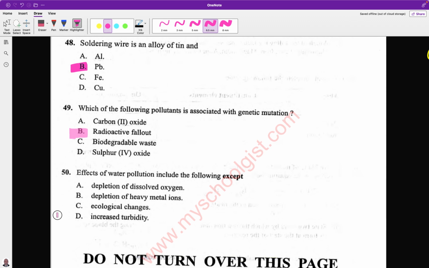Now, the effects of water pollution will include the following, except: A, depletion of dissolved oxygen. Yes, that is one of the effects of water pollution. B, depletion of heavy metal ions. Water pollution cannot deplete heavy metal ions.